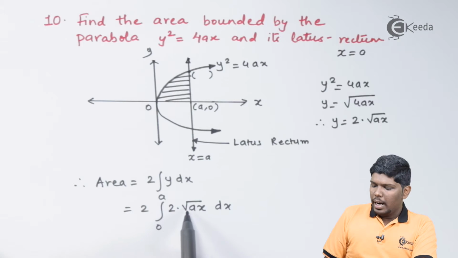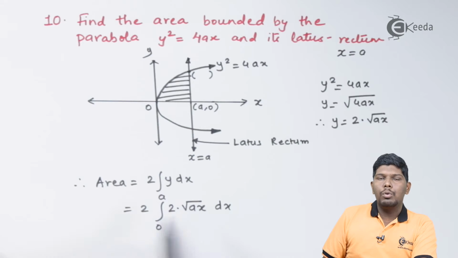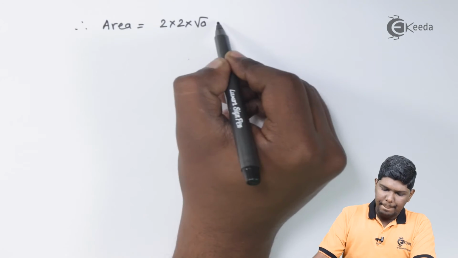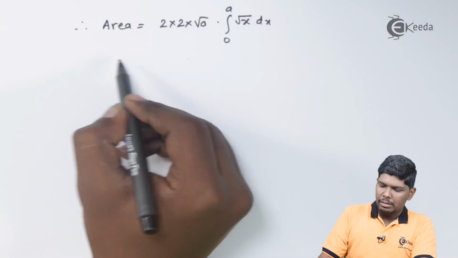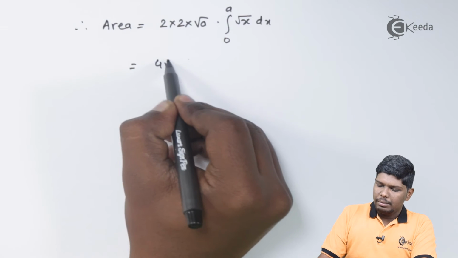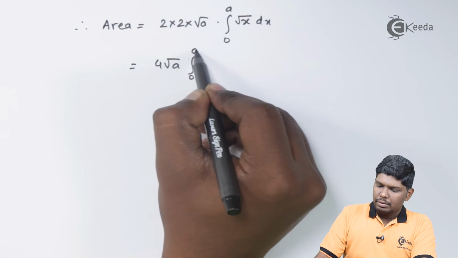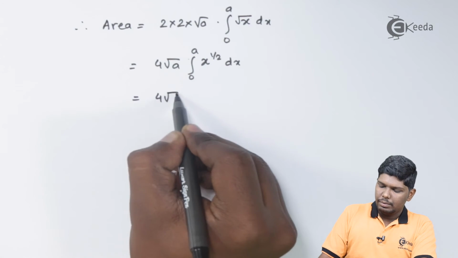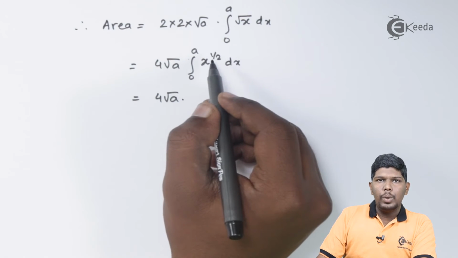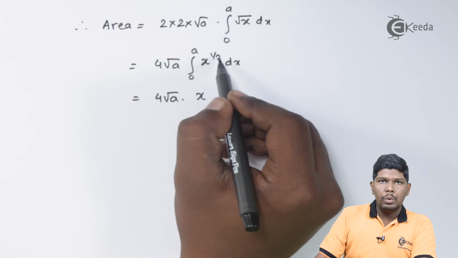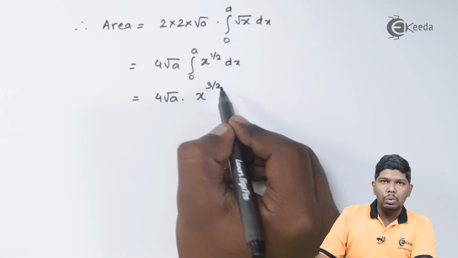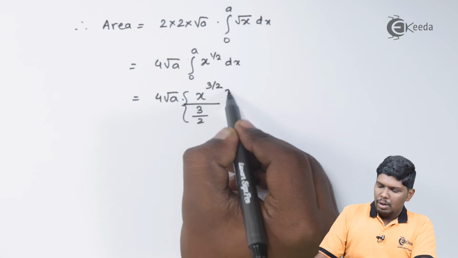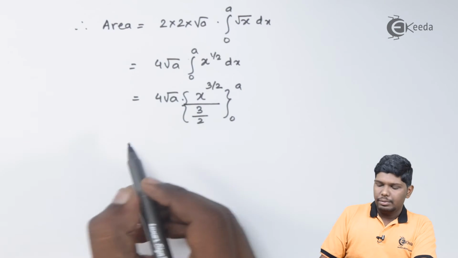Now taking this 2 and under root a constant outside, we have root x left inside the integral. This will give you 4 root a. Root x can be written as x raised to half. Using the formula x raised to n, we have x raised to n plus 1, that is half plus 1 will give you 3 by 2 upon 3 by 2 within limits 0 to a.